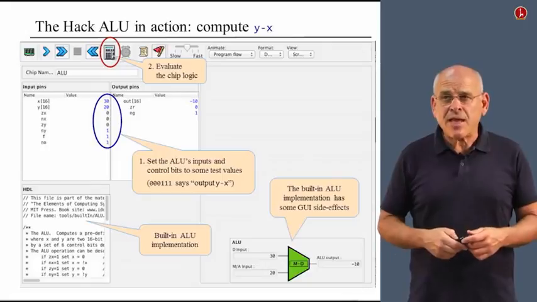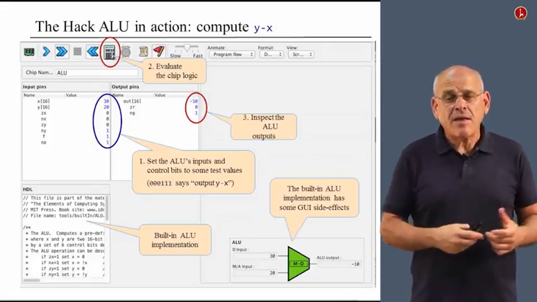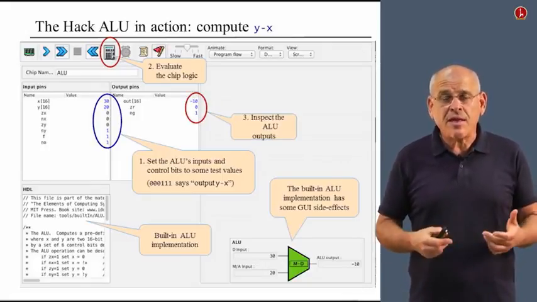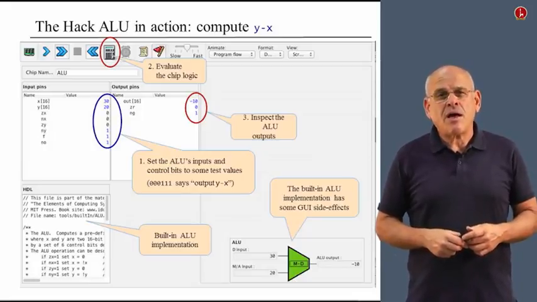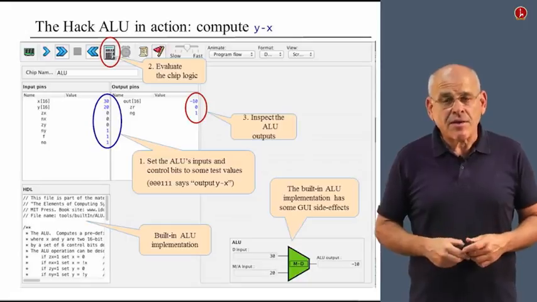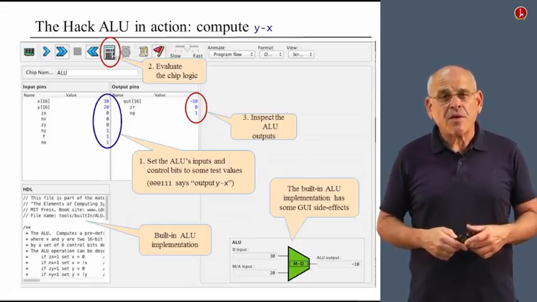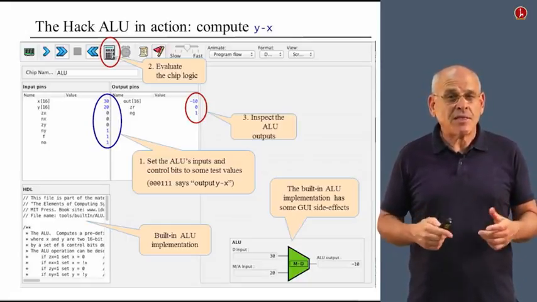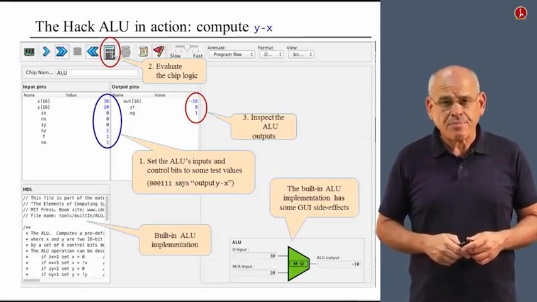Then we can inspect the outputs, and indeed we see that the ALU came out with what was advertised, which is minus 10, the result of y minus x. So it looks like the ALU, at least in this example, works well.